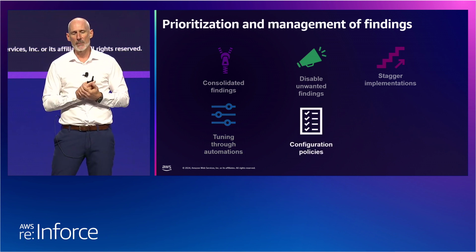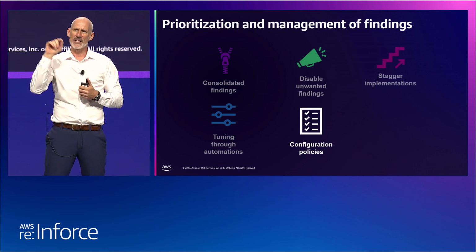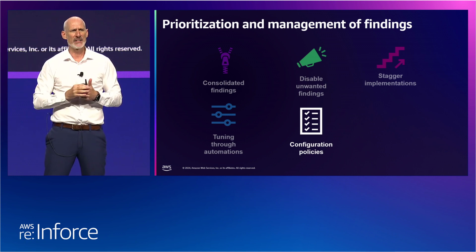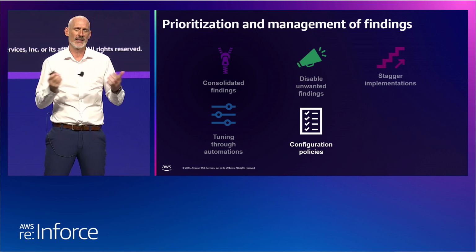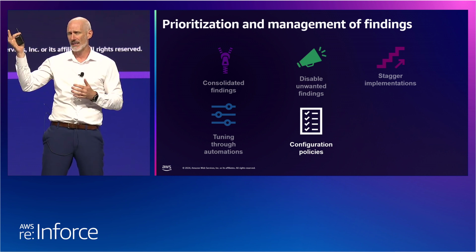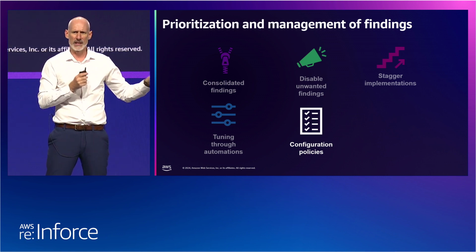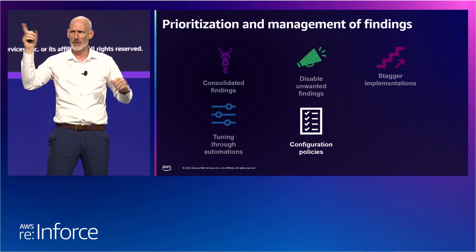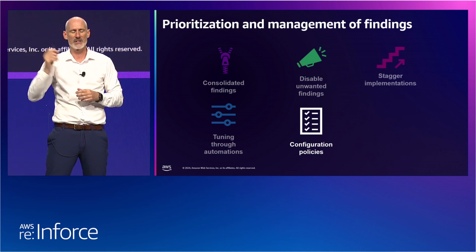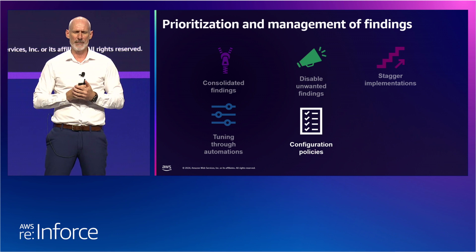When we were going through the suppression of findings as well, one thing we did note is that at some points we would pick one of the finding types out, and let's say resilience. There are many findings on resilience. And we'd say, well, that's something that's really important in production, but it's not important in our sandpit environments. And it'd be great if we could disable it in sandpit, but allow it in production or in test. And so configuration policies is a feature that allows you to do that.